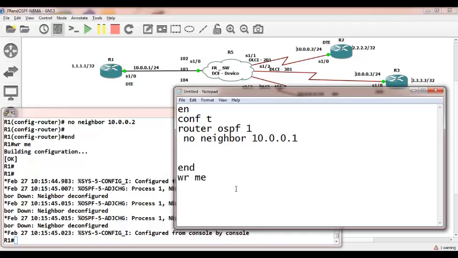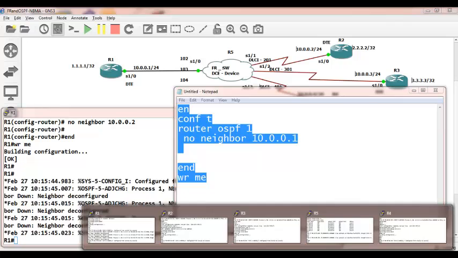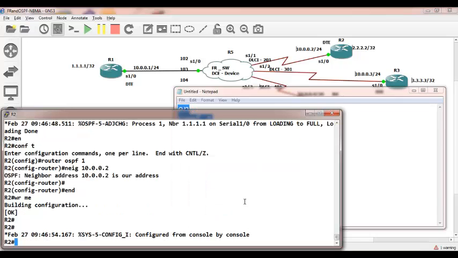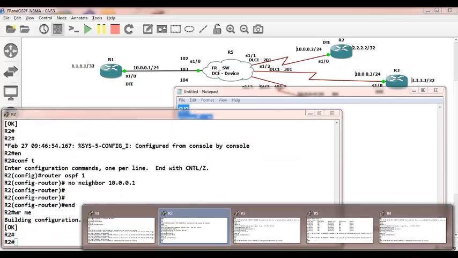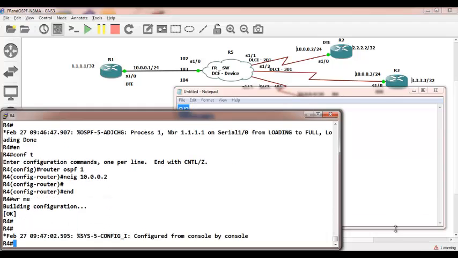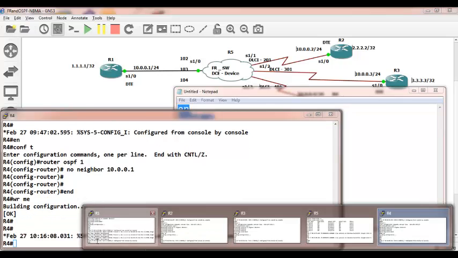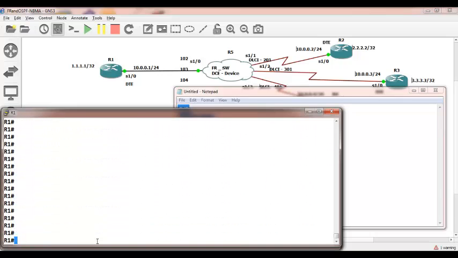I'm going to remove this neighbor on all routers. Done. So we will not find neighbors anymore. Show IP OSPF neighbor. Gone.